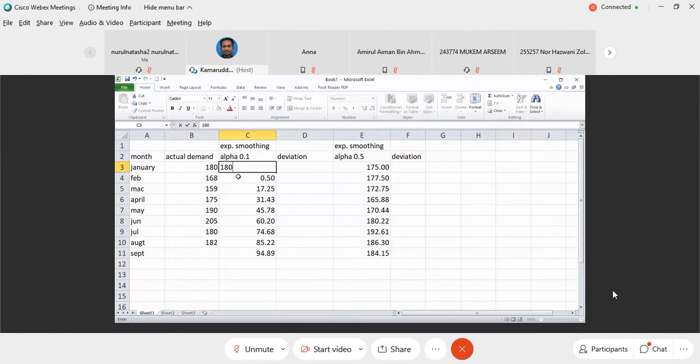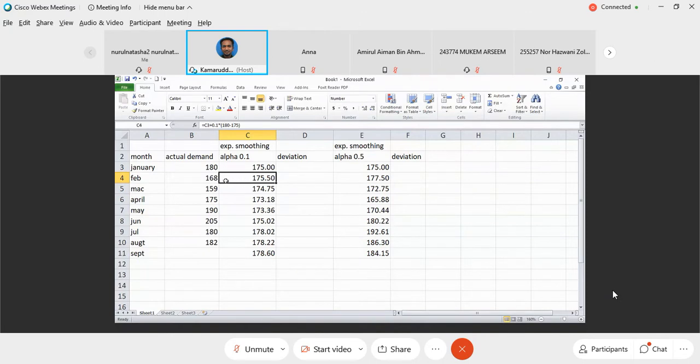But if we have information about the forecast in January, we use it for the next forecast in February. The example data that we have in the slide provides the forecast in January of 175 units.